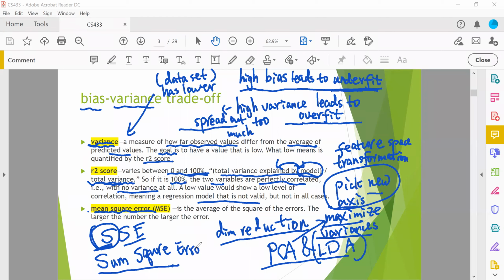And the mean of this is mean square error. Previously, we learned the sum of the square error is about the weights, and we try to minimize it. That's basically the starting point of machine learning.